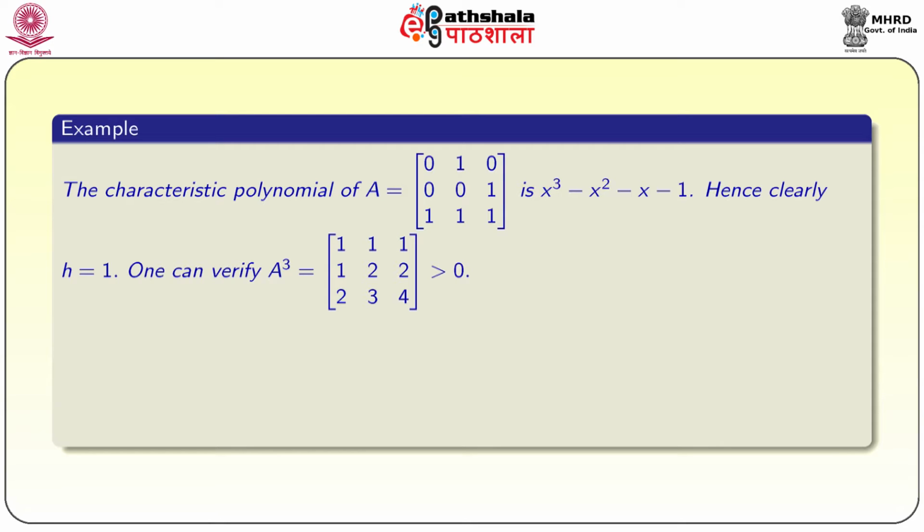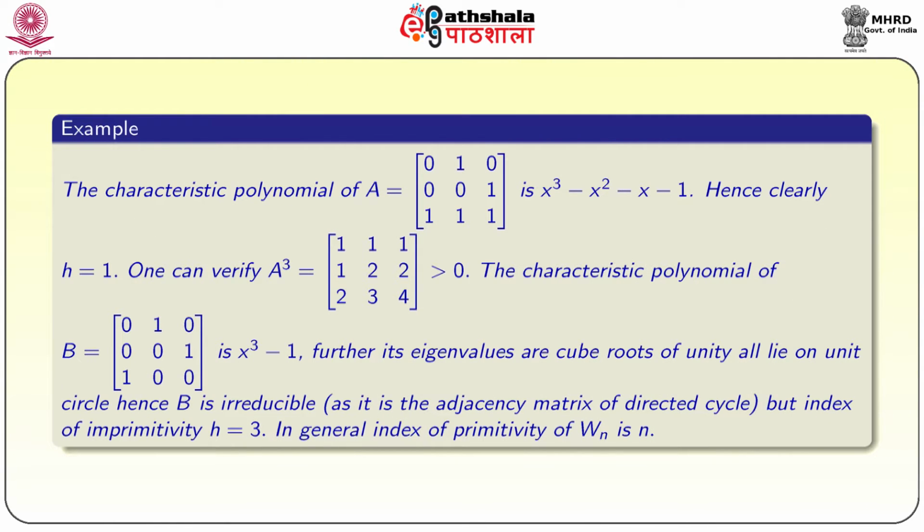Also, one can verify that A^3 has rows (1, 1, 1), (1, 2, 2) and (2, 3, 4). So, every entry here is positive, so that is a positive matrix. So, A^3 is greater than 0. Also, one can see that A^2 is no longer greater than 0. Because of that, the index of primitivity of this matrix is exactly equal to 3.